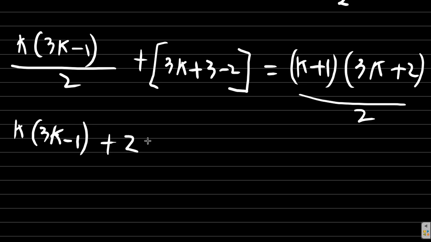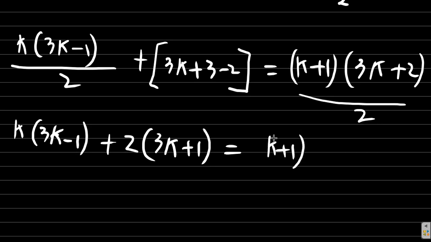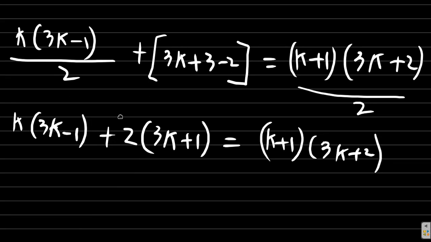Plus 2 times, this would be 3k, 3 minus 2 is 1, plus 1 equals, this 2 would cancel when you multiply by 2, right? So what you would have after this is k plus 1, 3k plus 2. You'd have that, alright?